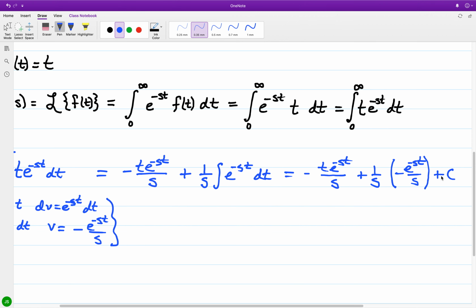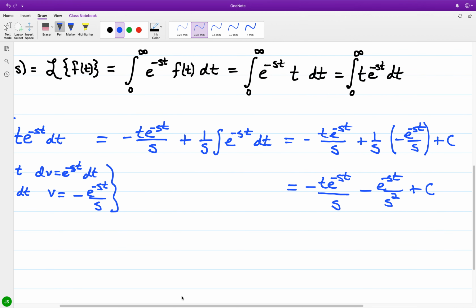Once we assemble, we have negative t times e to the negative st over s, minus e to the negative st over s squared, followed by the constant. And now we relegate this into the improper integral.